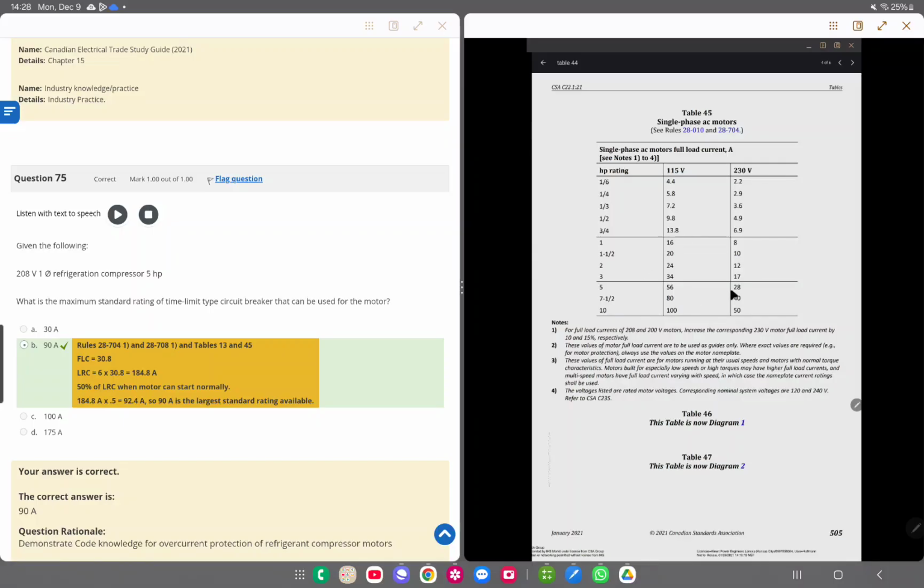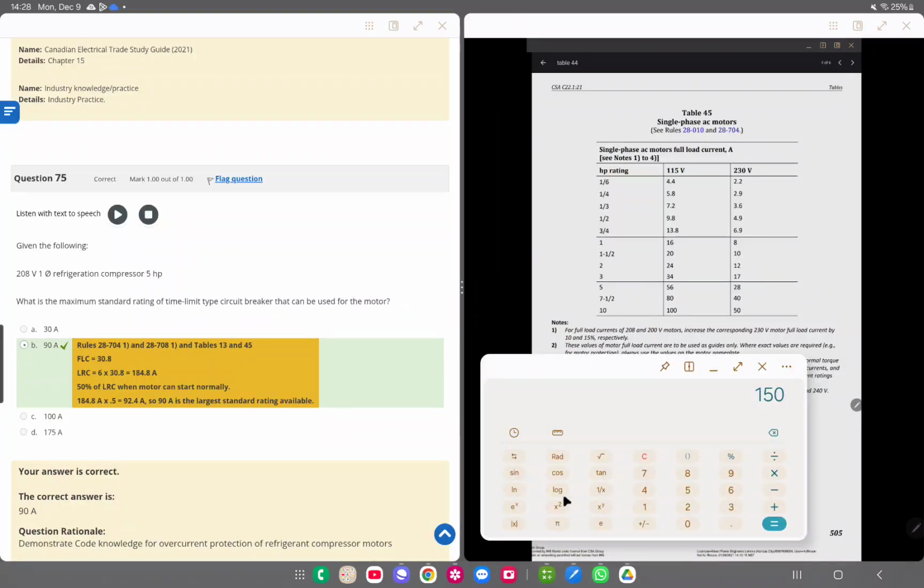So we got 28 amps. 28 amps with an additional 10% is going to be 28 times 1.10, which equals 30.8 amps.